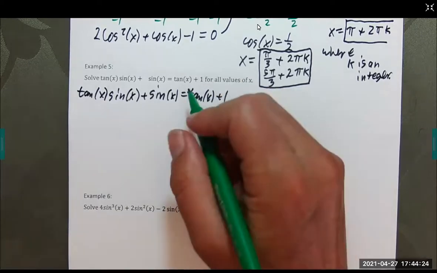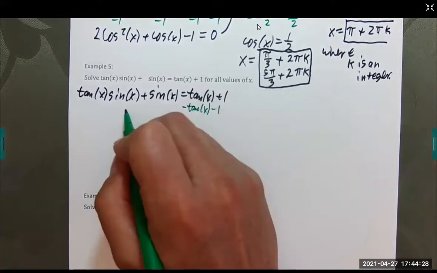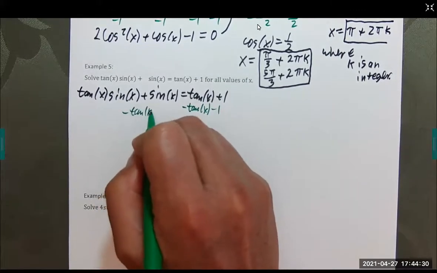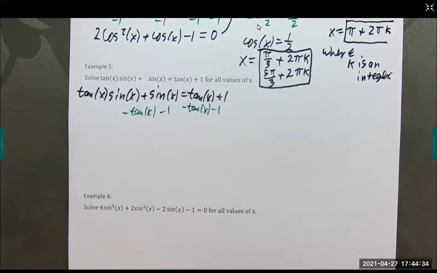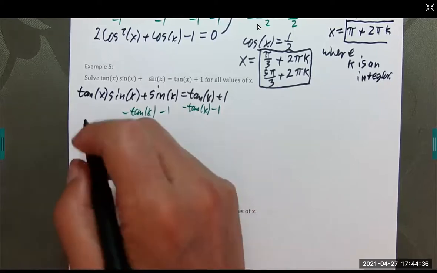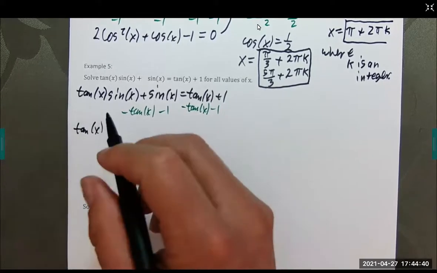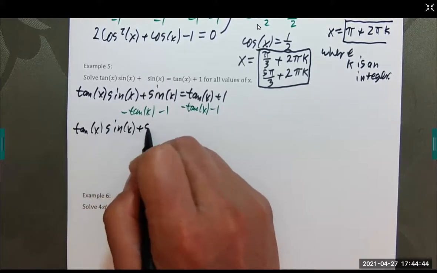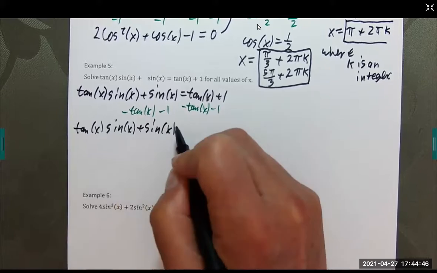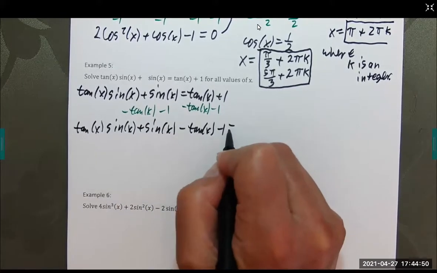So I'm going to move this to the other side. So here we have tangent x sine x plus sine x minus tangent x minus 1 equals 0.